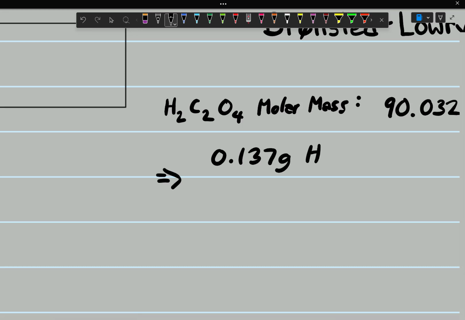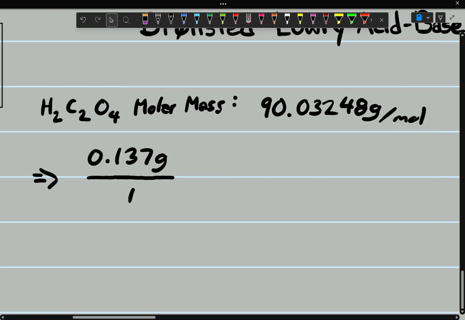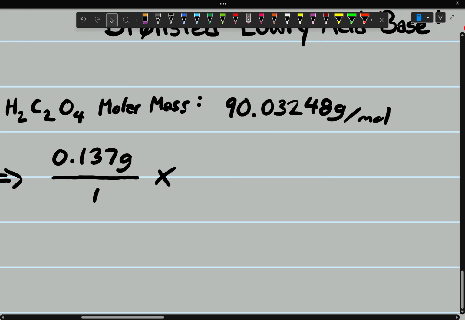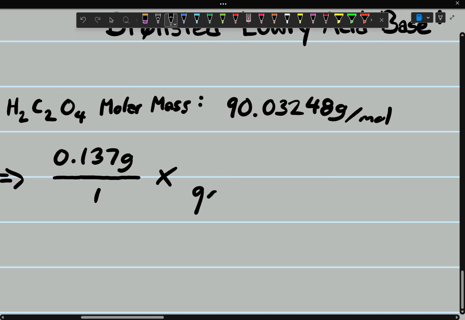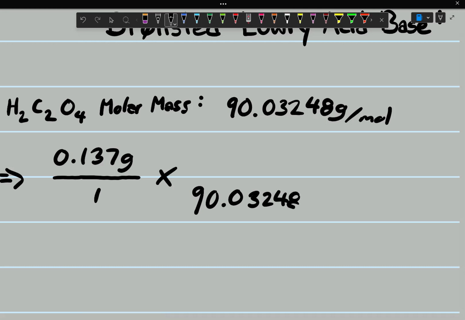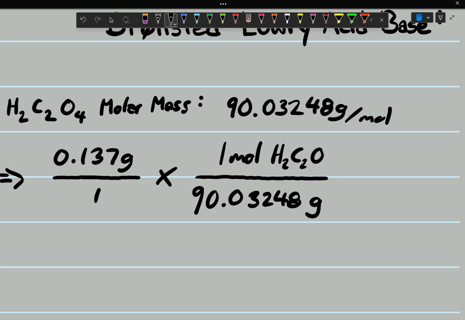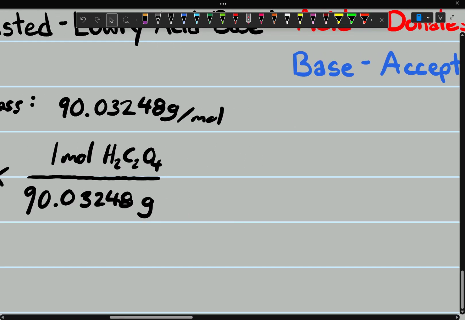So now that we have that, and we also know that we have 0.137 grams of our acid, we can then use the molar mass as a ratio. We know that 90.03248 grams is in every 1 mole of oxalic acid.